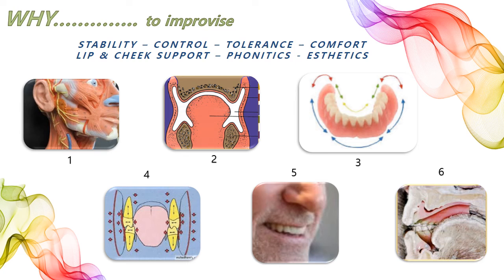So, considering all these aspects, the labial, buccal and lingual flanges are contoured in such a way that the muscles are comfortably accommodated in the contoured structure of the dentures. Either over contouring or under contouring will compromise the stability aspect of the denture. It may affect the phonetics, definitely it will affect the aesthetic aspect of the patient, and it may cause lip or cheek biting.